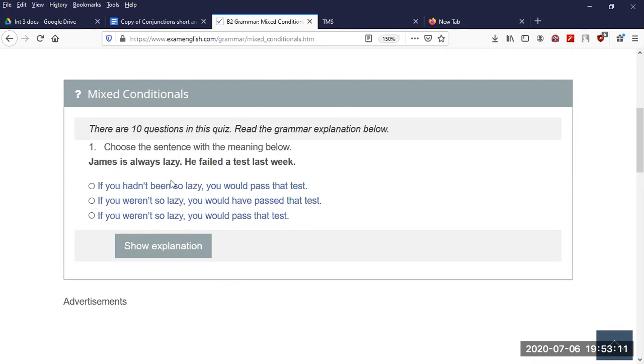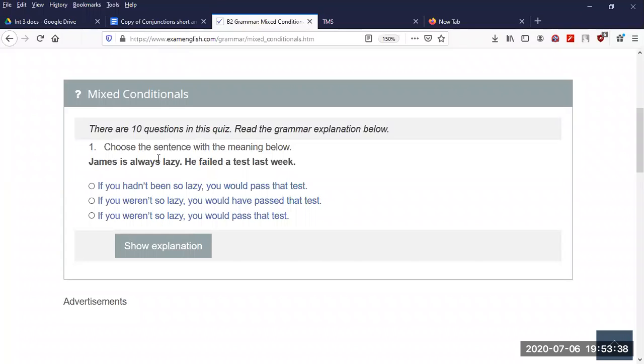If you hadn't been so lazy, you would pass that test. If you weren't so lazy, you would have passed that test. Or if you weren't so lazy, you would pass that test. So this is the present situation. This is the past situation.